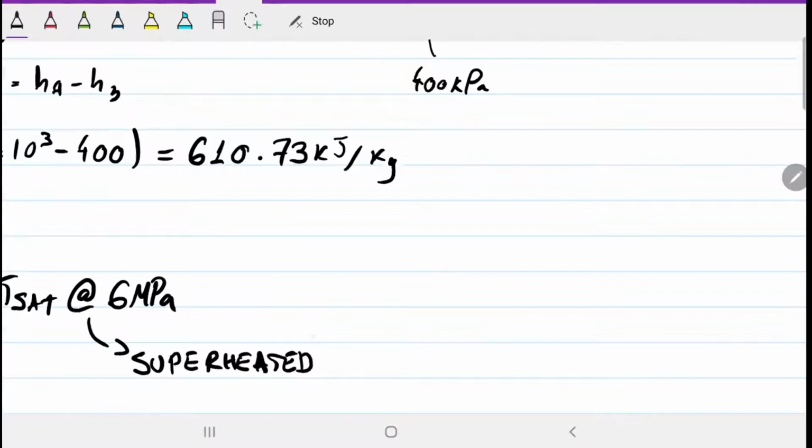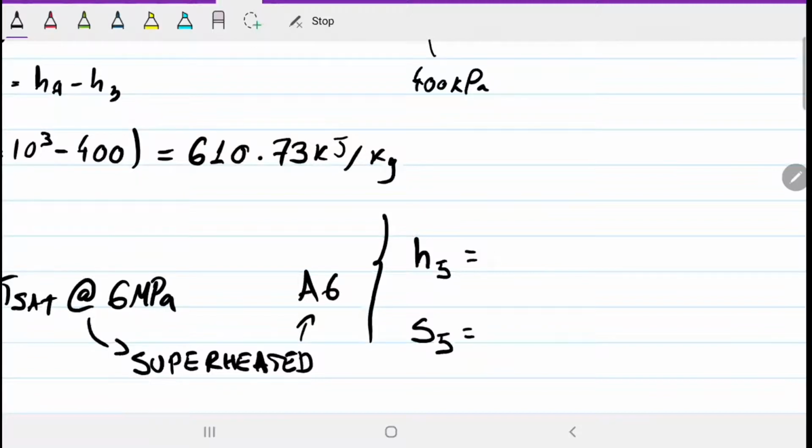If it's superheated, that means we're going to be looking at table A6 instead of A5. And we just need to grab the information over there because we have both temperature and pressure. So we can grab H5 and also entropy 5, right? Because that's what I'm going to use to find state 6 and 7, since we know they're both isentropic expansions.